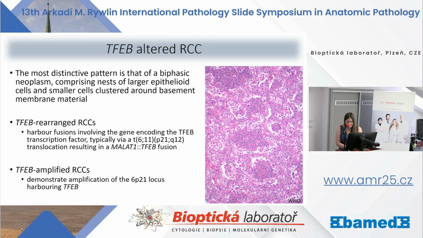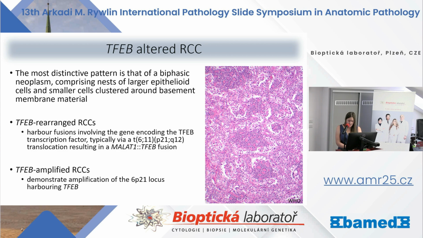And then there is a second entity included in this label, and this is TFEB amplified renal cell carcinoma, which demonstrates amplification of the TFEB gene. It is very important because the TFEB rearranged renal cell carcinoma is usually indolent, but the TFEB amplified renal cell carcinoma may have very aggressive behavior.